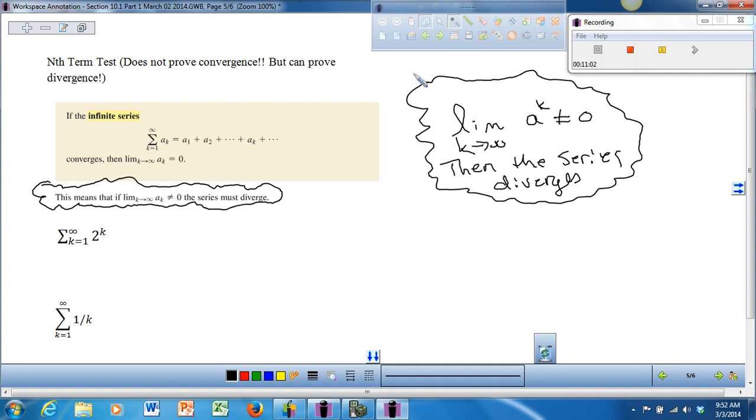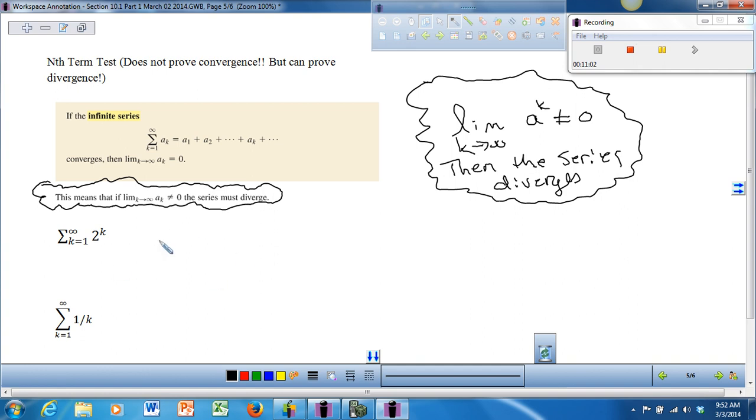And the reason is, a sub k is what we use to figure out each term that we're adding. So if k gets huge, if our a sub k is getting bigger, not going to 0, then we're adding bigger values each time. And our sum is going to inflate. Okay? But if this limit does go to 0, we can draw no conclusions. We can't say that it converges, we can't say that it diverges.